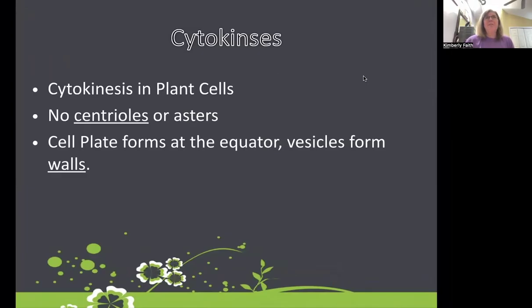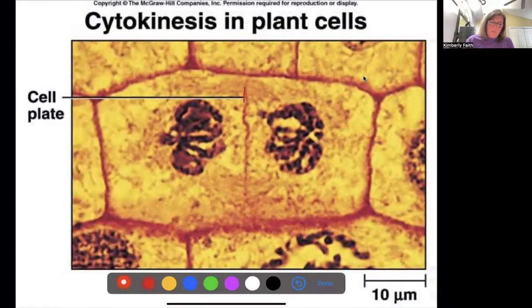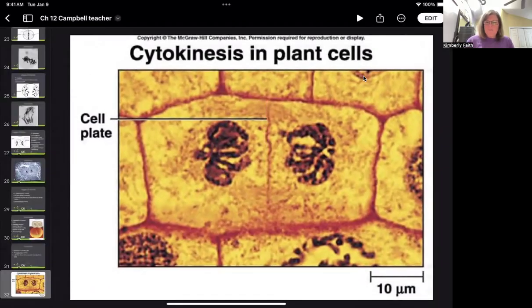You're going to have cell wall materials that are secreted by the Golgi apparatus. It's going to send those vesicles that will start to accumulate at the center and put in your cell wall there in that structure. So that structure dividing, starting to be formed, is called the cell plate, until eventually we will have those two cells completely divided into two new daughter cells.